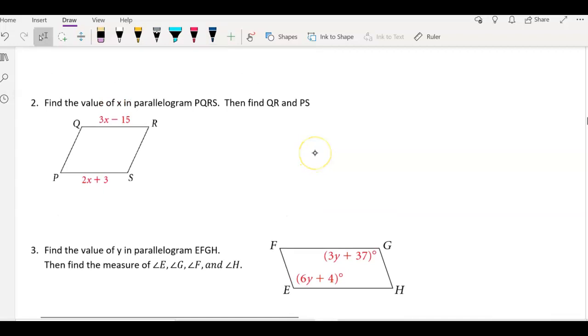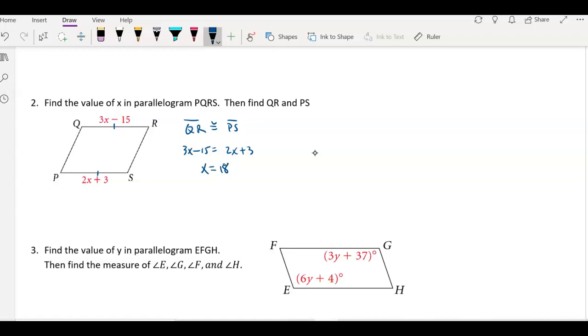Number two, here we're using the definition, or basically the property, that in a parallelogram, we know opposite sides are congruent. So right away, I know QR is congruent to PS. Therefore, 3x minus 15 is equal to 2x plus 3. When I go ahead and solve, I get x equals 18.